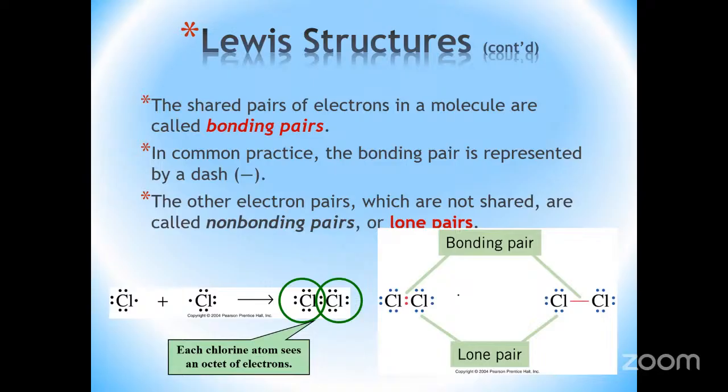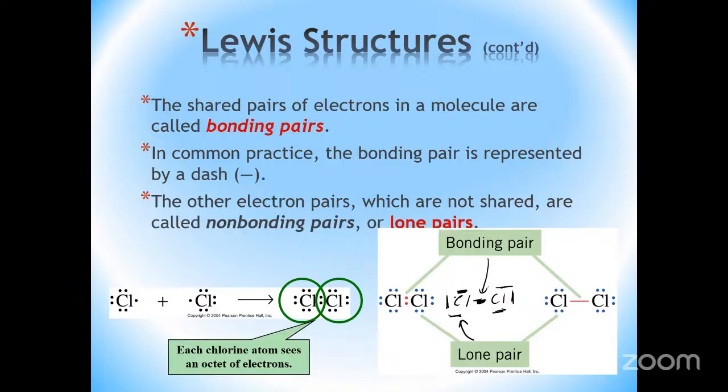Another way of representing this is this. Basically, this is your bonding pair, and the lone pairs are these lines here that are not between the chlorine atoms.